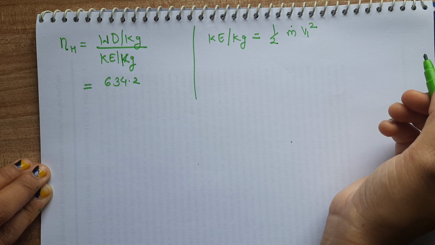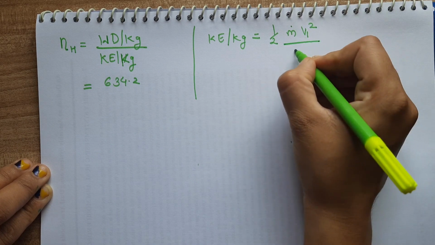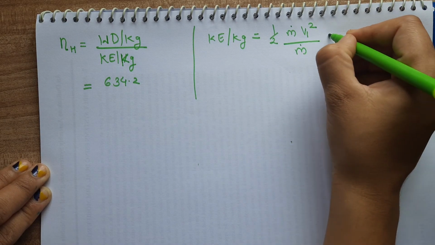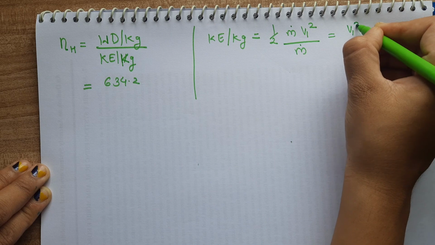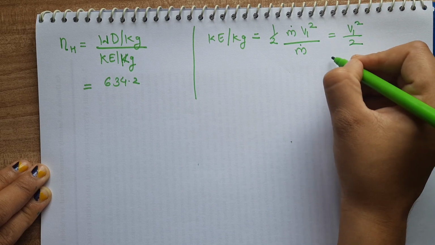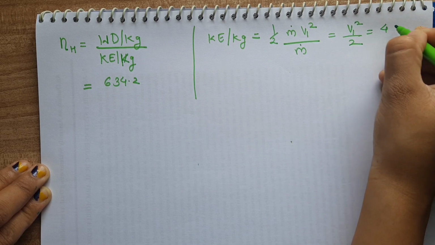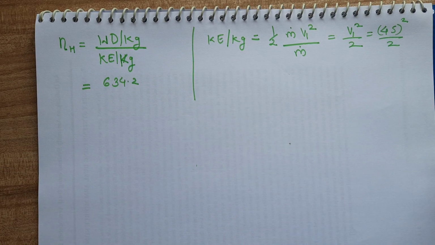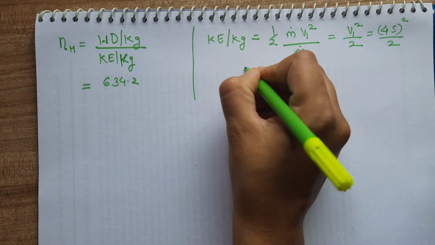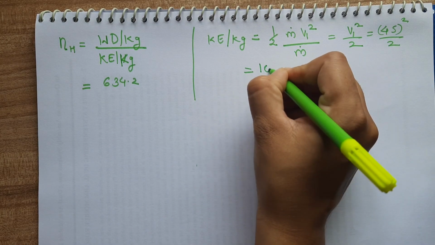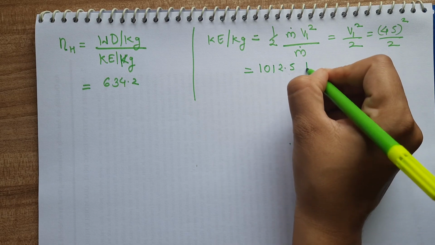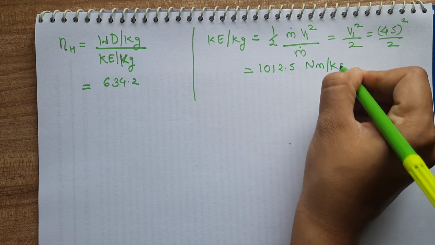But now we want it as per kg. That means we are supposed to divide by m dot. So the value will be equal to V1 square by 2. V1 is known to us as 45. So 45 square by 2, and its value is equal to 1012.5 Newton meter per kg.